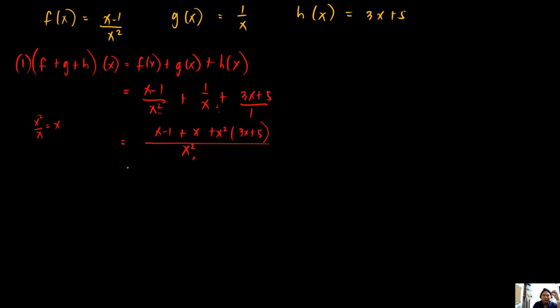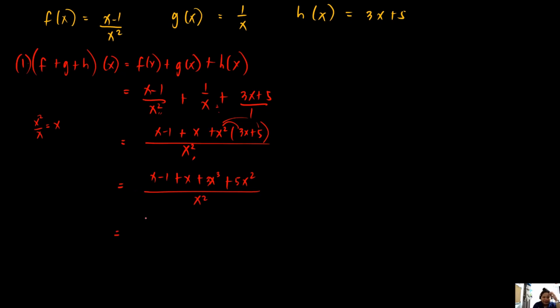So, hindi ko siya diretso class. Okay, then let's simplify that. We have x minus 1 plus x plus, distribute natin class. We have 3x cubed plus 5x squared all over x squared.